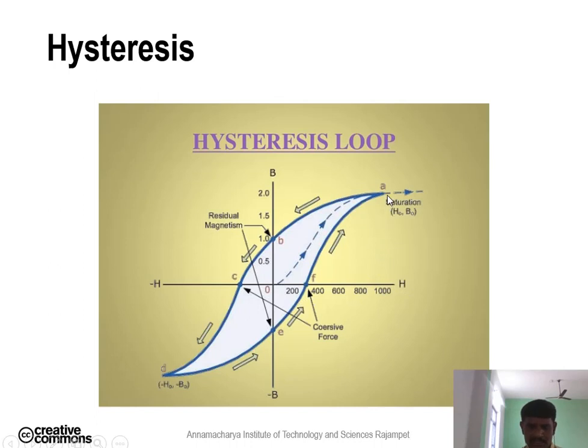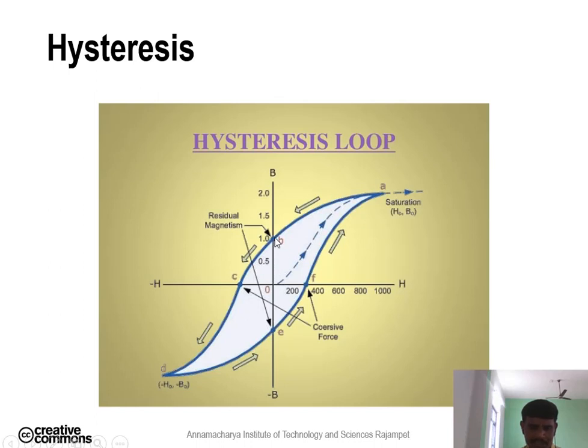Thus the magnetization does not retrace to 0 in the same way, but it follows from A to B. With a decreasing magnetic field, the magnetization also decreases along another path from A to B. When the magnetization reaches point B, the magnetic field becomes 0.